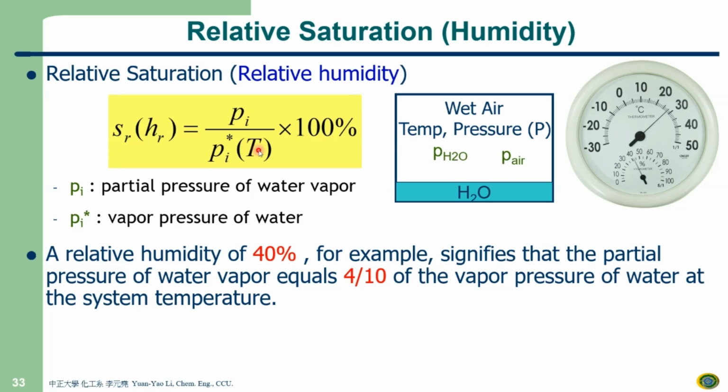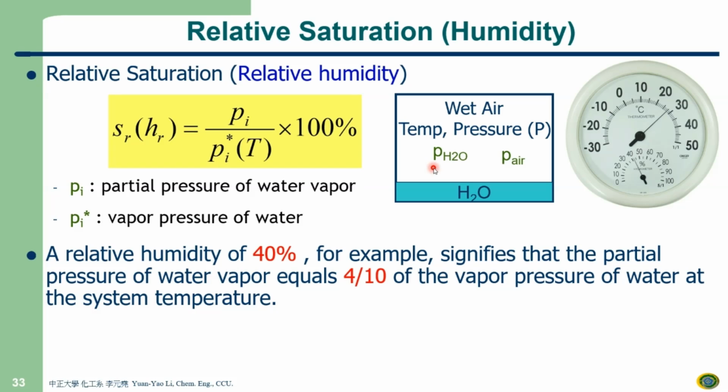You don't feel well if it's too dry, like in the desert. If you have weather like yesterday, you feel it's too wet, right? So a relative humidity of 40, for example, signifies that the partial pressure of the water vapor is 4 out of 10 of the vapor pressure of the water at the system temperature.